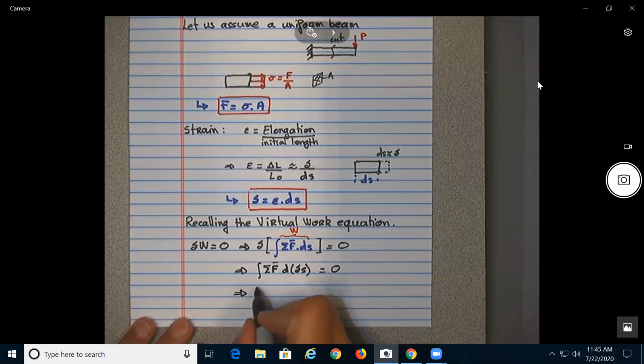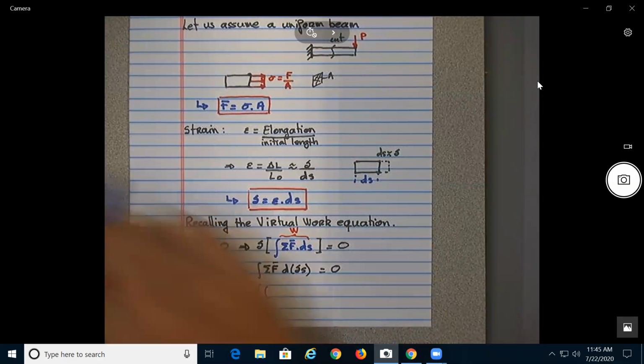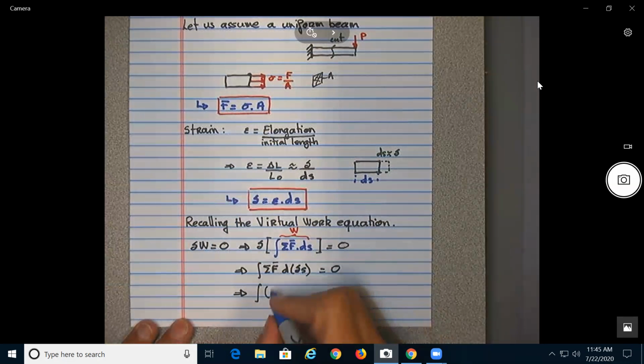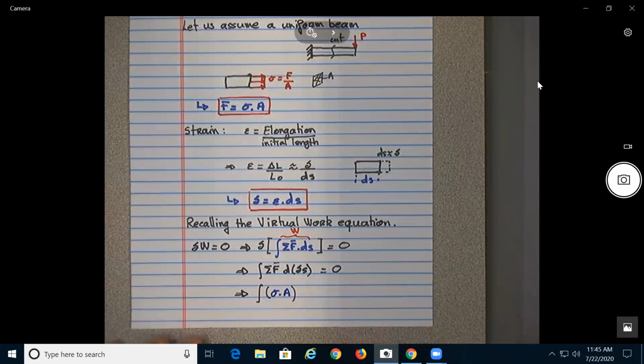All right, so now, what is the value of our force? I mean, we just calculated it above. The force will be equal to the stress times the area, and then our virtual ds here will be equal to what?